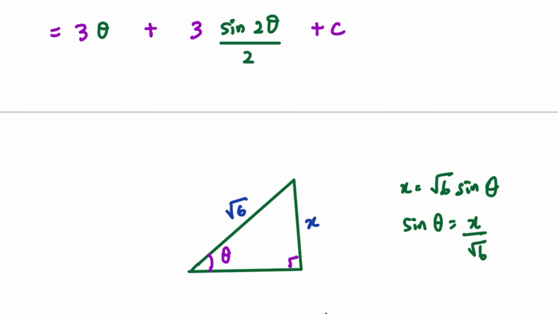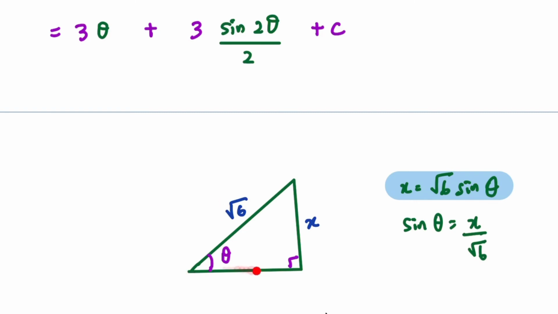Let's rewrite back our function just now. x, we let it as root 6 sine theta. So let's rearrange. Sine theta is just x over root 6. So you are able to draw a right angle triangle here with one of the angles as theta. Now sine is opposite over hypotenuse. So opposite over hypotenuse, this is just x over root 6.